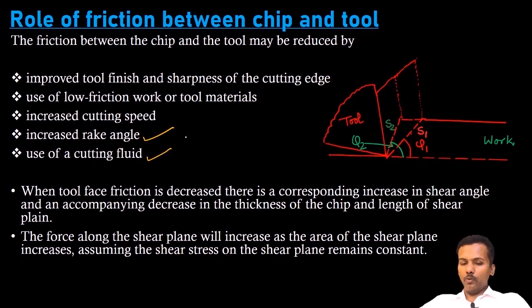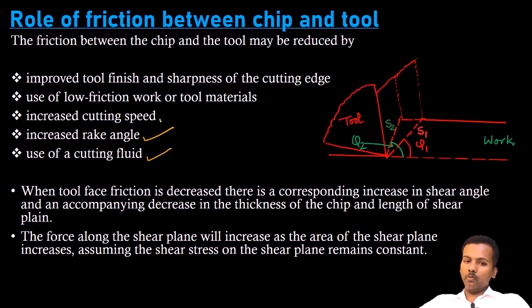In case of continuous chip, the rake angle was high, and in case of built up edge, the rake angle was low to medium. When the rake angle is lowered or minimum, then the friction will be increased, and when the friction is increased, there will be more heat generation, more deformation at the interfaces, there will be more strain hardening at the interfaces, and built up edge will be formed.